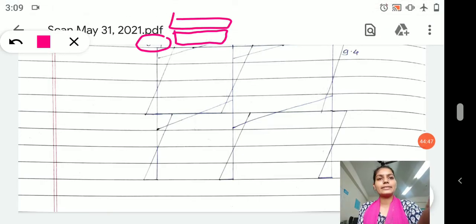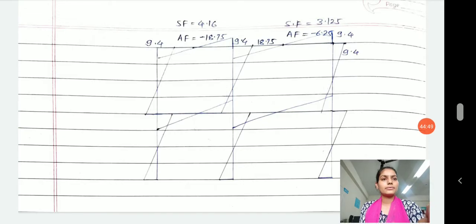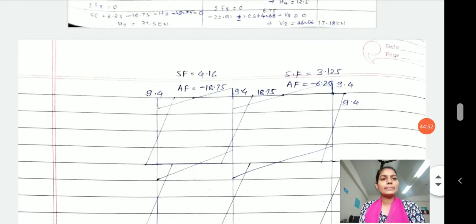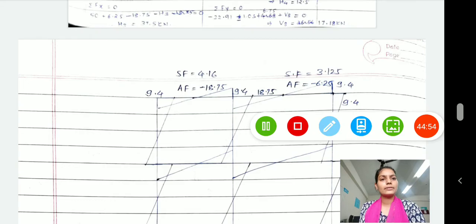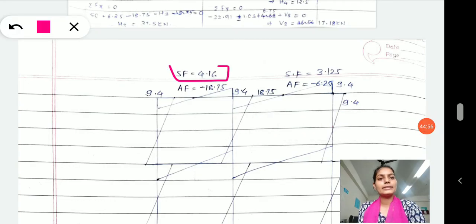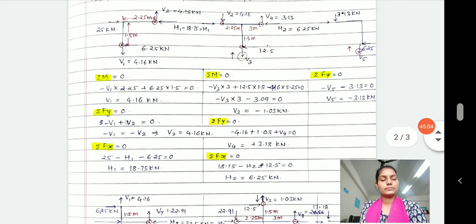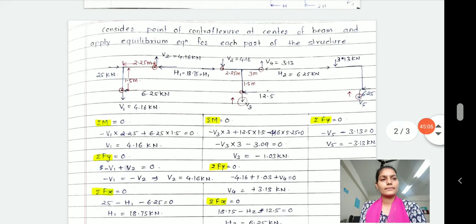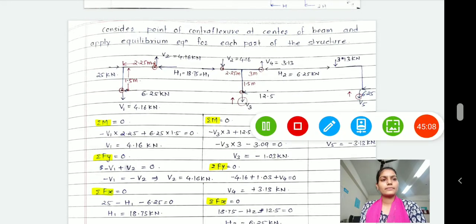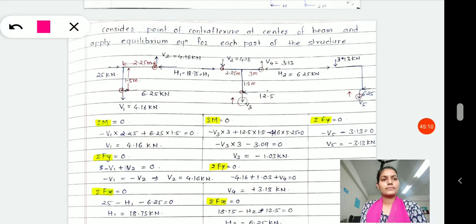Shear force is represented by 4.16 here. See here, 4.16, 4.16, 3.13, 3.13.